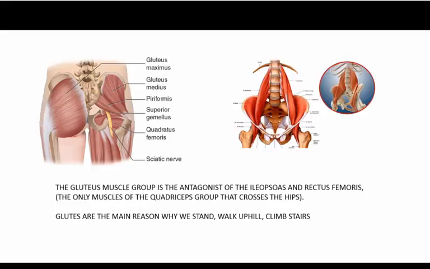And these are the iliopsoas, that is a deep muscle that works basically when we lift our legs, having the hips fixed on the ground, for example, when we do a flutter kick. And then the rectus femoris. The rectus femoris is part of the quadriceps, but it's the only muscle of the quadriceps that actually crosses the hips. So it actually flexes the thigh on the hips.